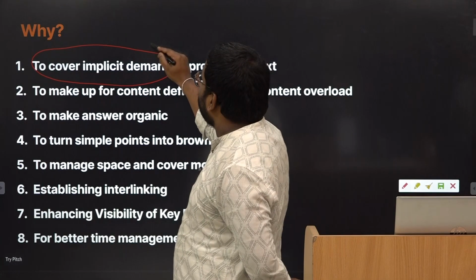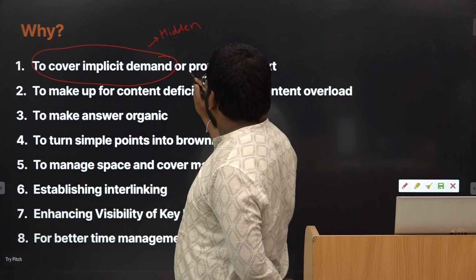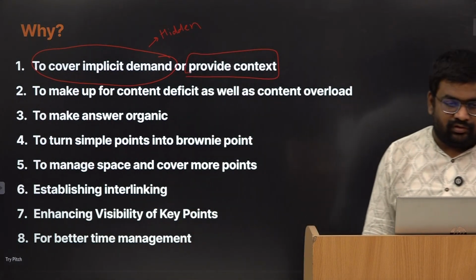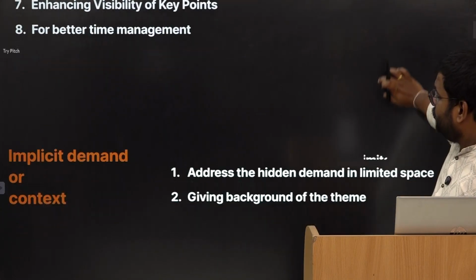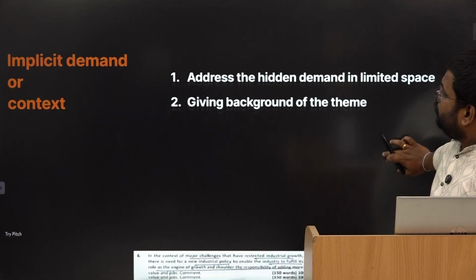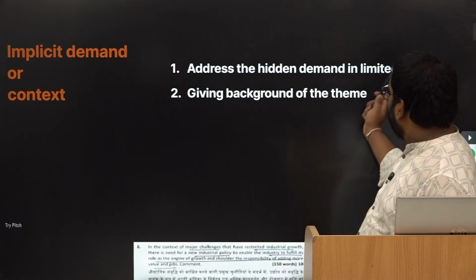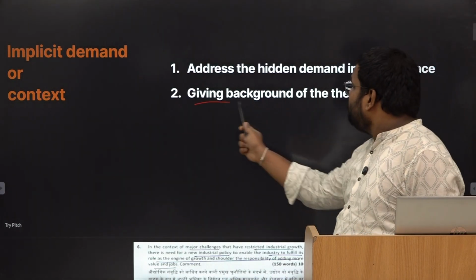Implicit demand basically means hidden demand. And second, to provide a context after the introduction. Okay, so how is it done? Implicit demand basically means to address the hidden demand, and context means giving the background of the theme.